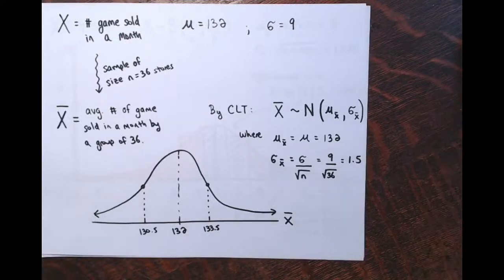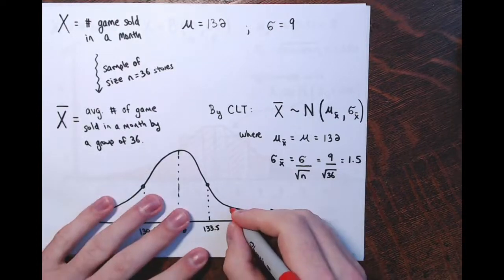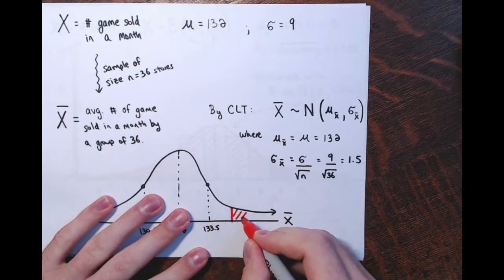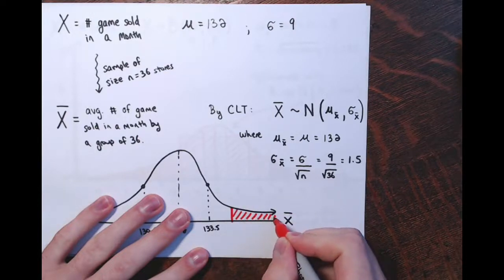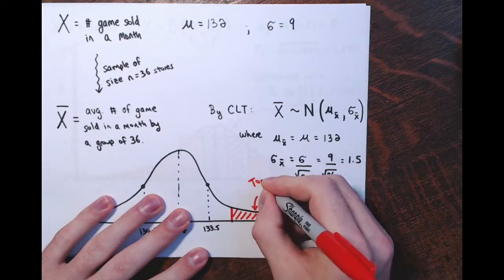Now what we're asked to find is what average value, what X bar, separates the top 7%. So the top 7% is an area. Let's say this area here, forever, is the top 7%.